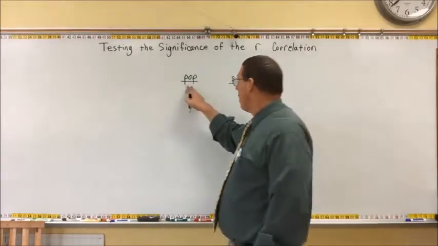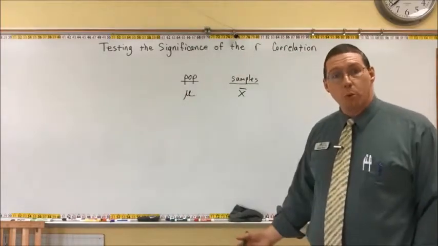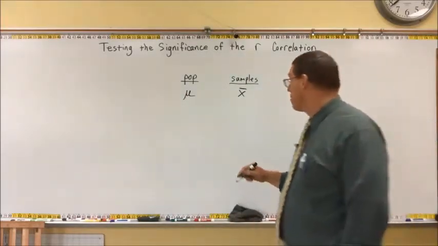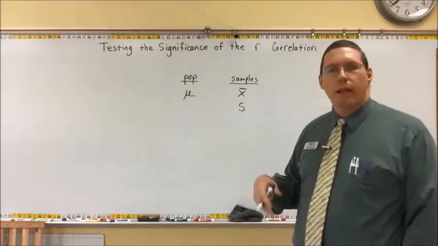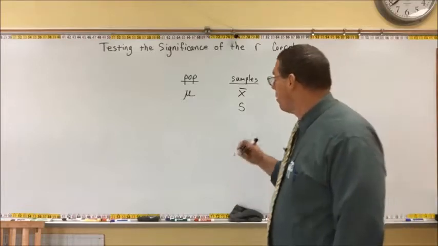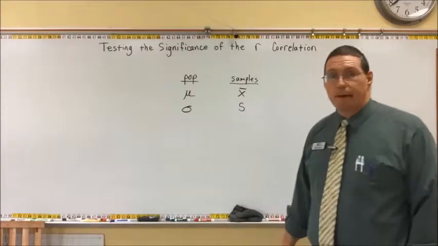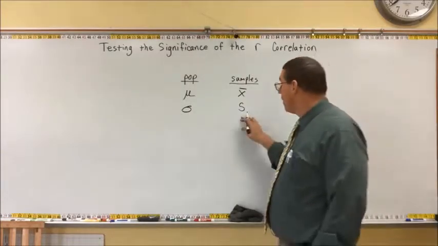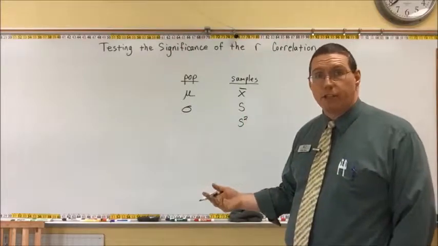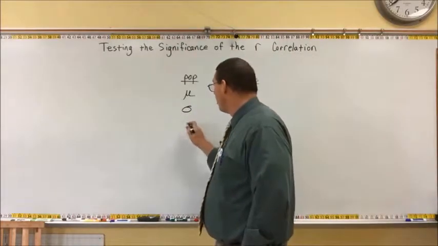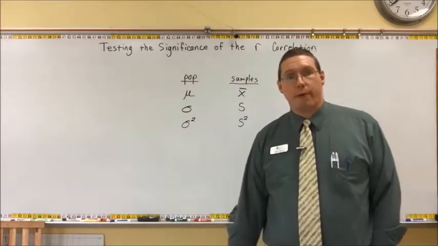But when we're talking about the mean of the population, we use the Greek letter mu. When we're talking about the standard deviation of a sample, we use the letter S. But for the standard deviation of the population, we use the Greek letter sigma. When we're talking about the variance of a sample, we say S squared, because that's the standard deviation squared. So obviously, when we talk about the population variance, we say sigma squared.